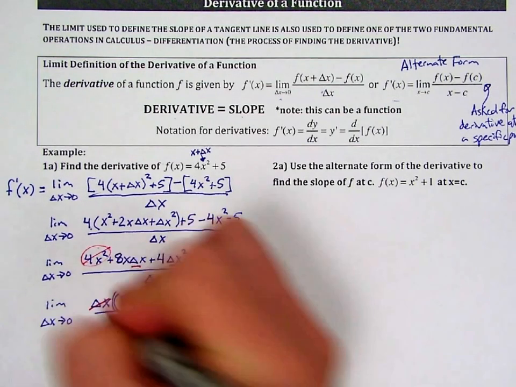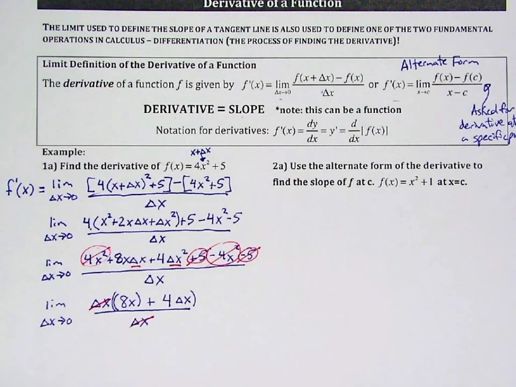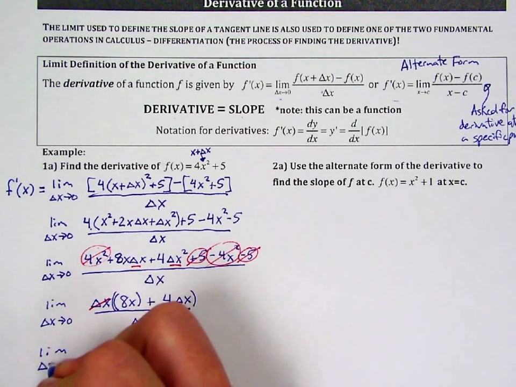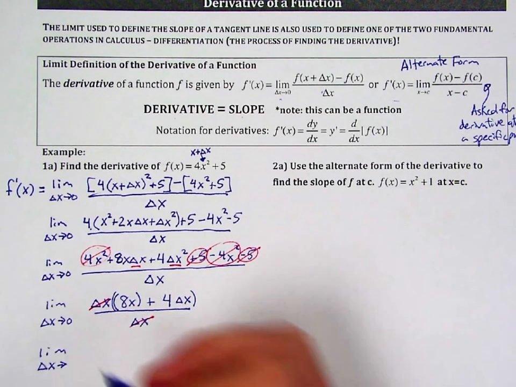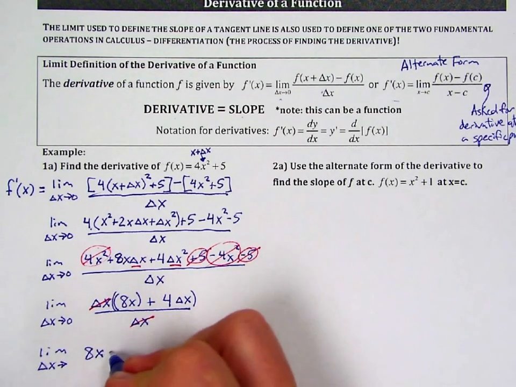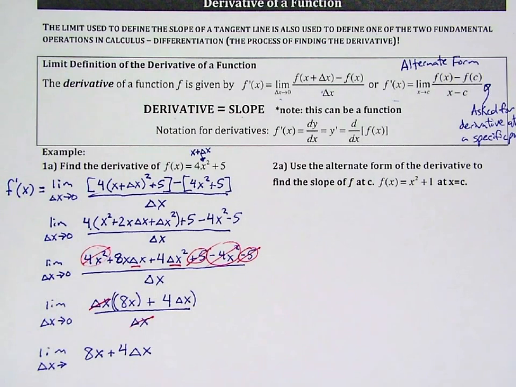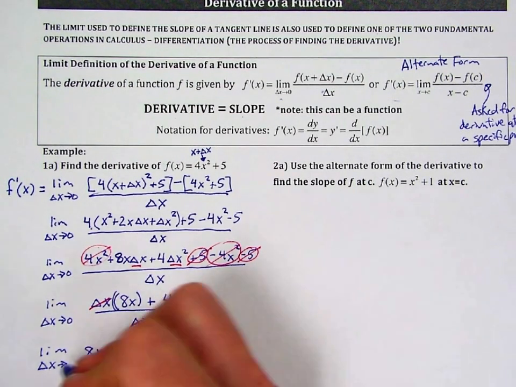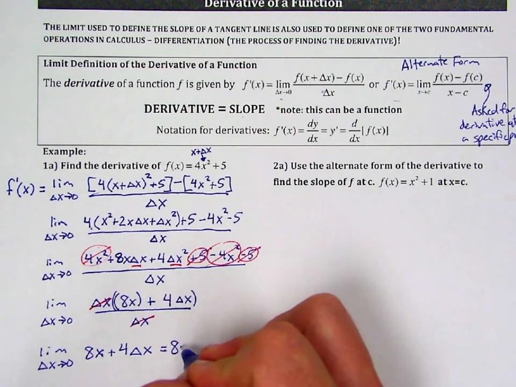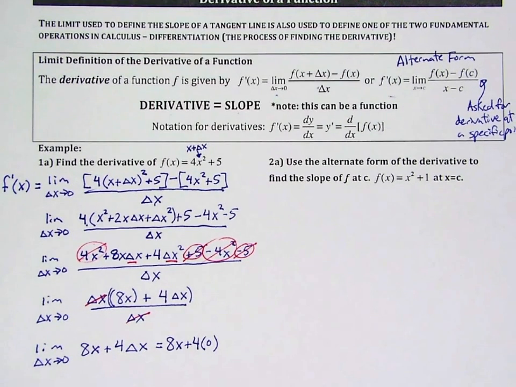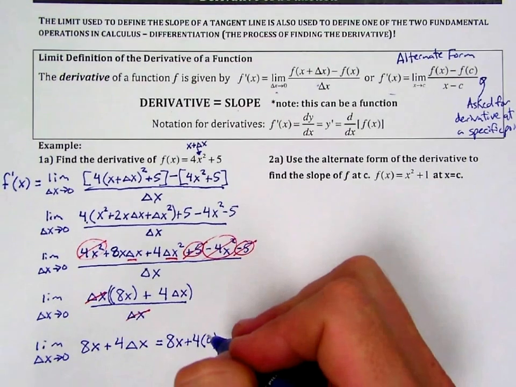Delta x's are going to cancel. This limit keeps tagging along all the way to the end until finally we can use direct substitution here. So we're going to put 0 in for delta x, and we're left with 8x.